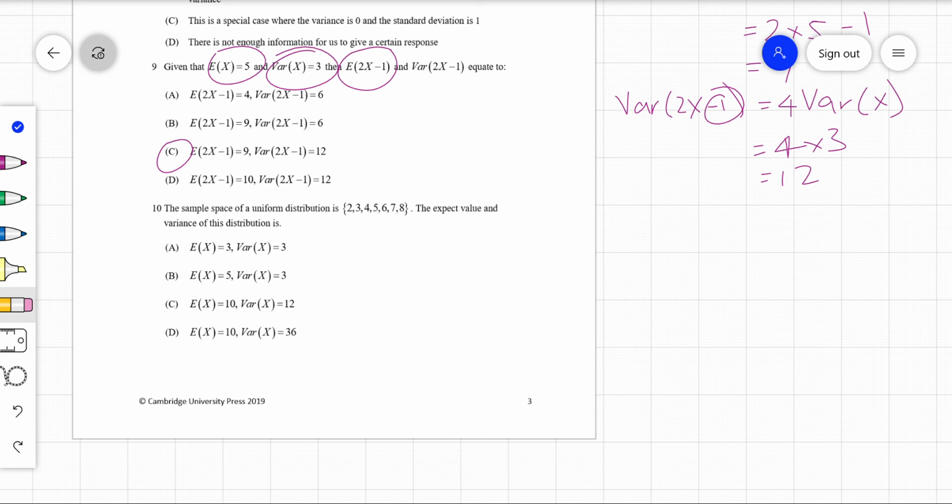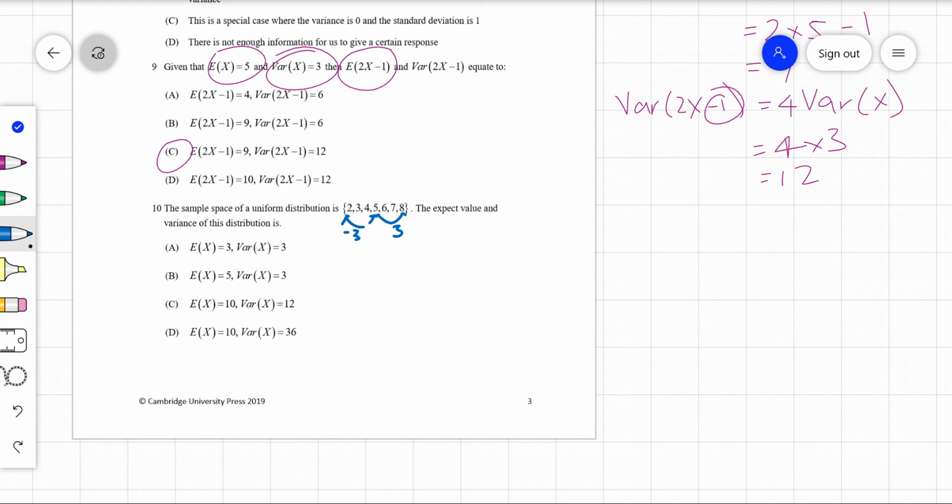Now the variance, if you think about how varied this is, 5 goes out to 8 and 5 goes down to 2. So there's a 3 and a minus 3 here.